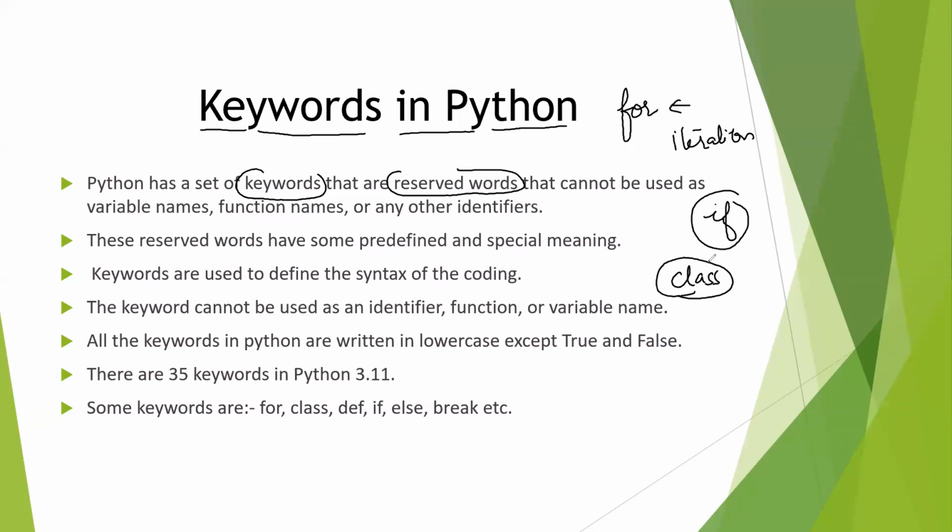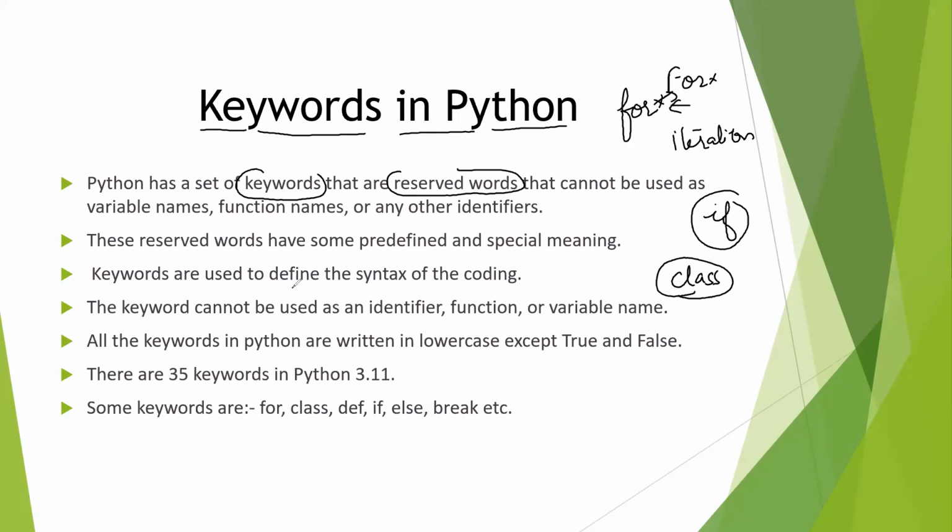These words which we are using in Python have predefined meanings and are used for some special task. We cannot change the format or the case of these, because Python is case sensitive. If I'm writing for, both will be treated as different. So this for is not equal to this for.